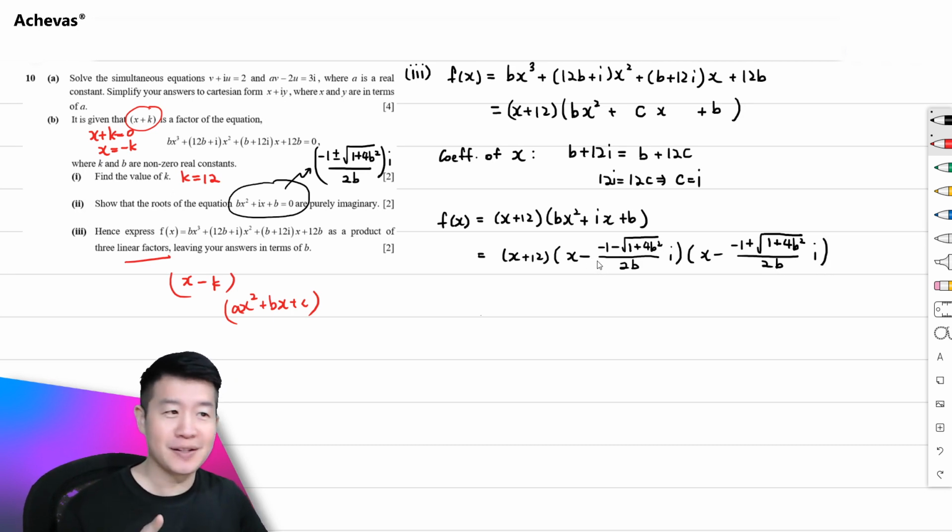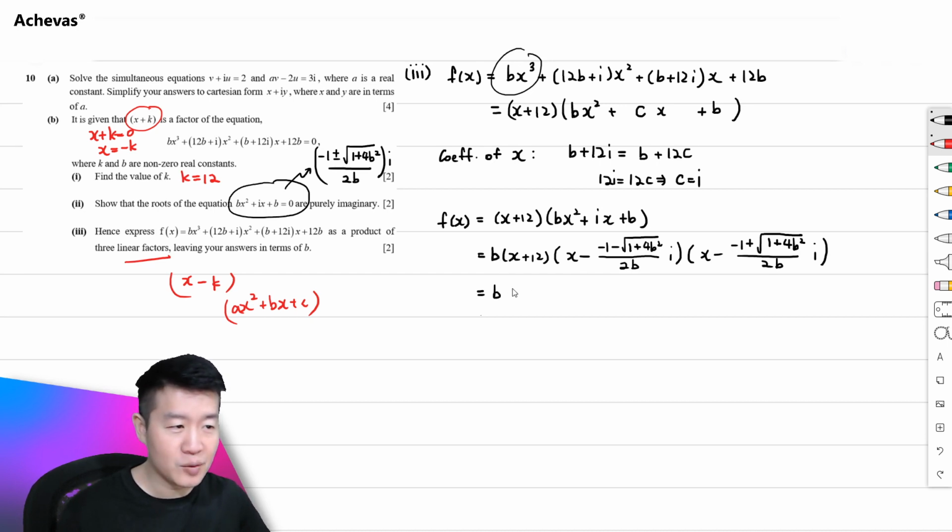I've seen quite a lot of students, including teachers, making this mistake accidentally. This is incorrect because if you were to expand this, you're going to get x times x times x, which is x to the power of 3. But f(x) is bx to the power of 3. So let's not forget the coefficient b in front. Okay, this b.